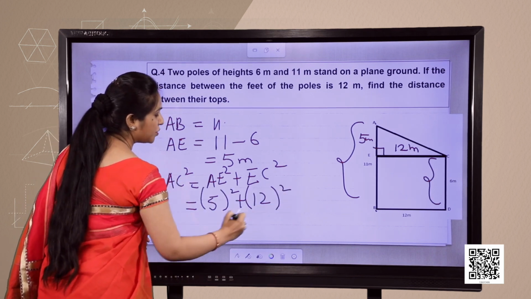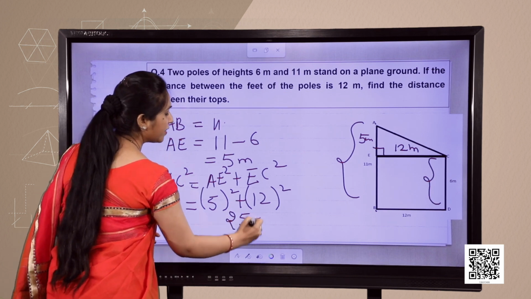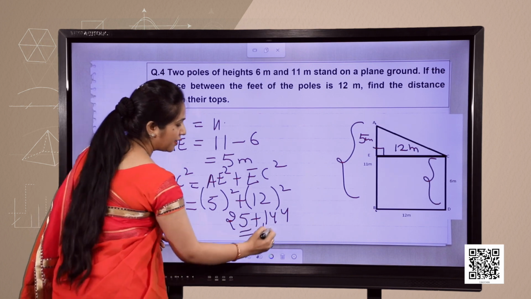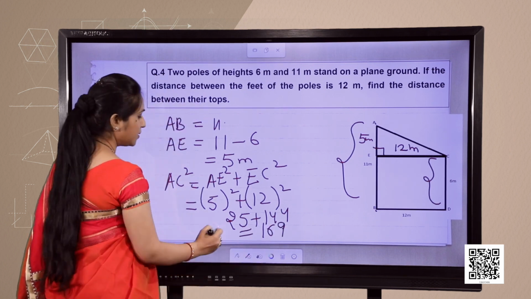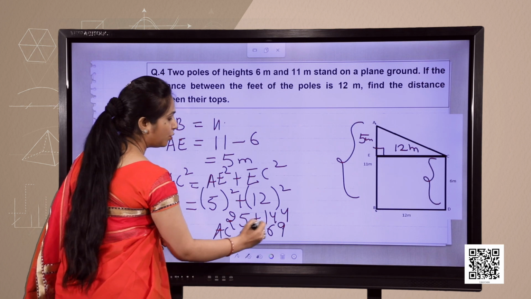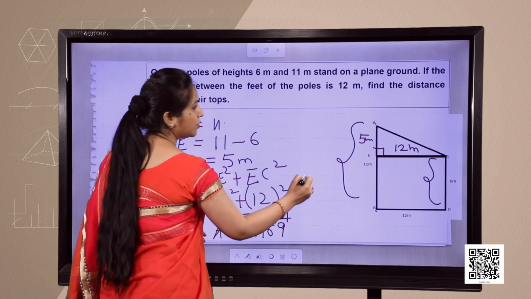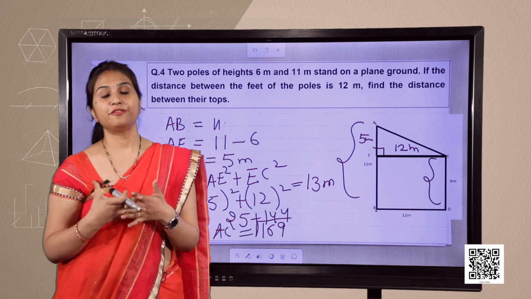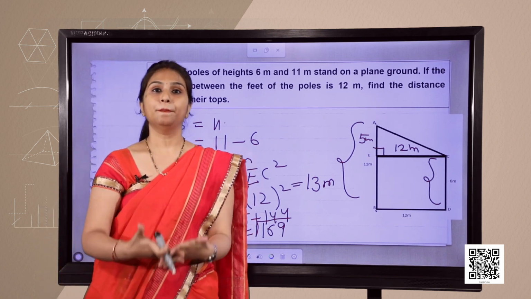So 5 square gives you 25, 12 square gives you 144, and their sum is 169. So AC is equal to square root of 169, that is equal to 13 meter. It means the distance between their tops is equal to 13 meter.